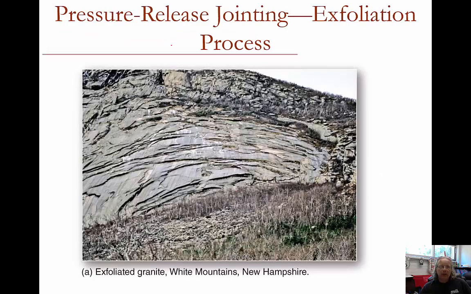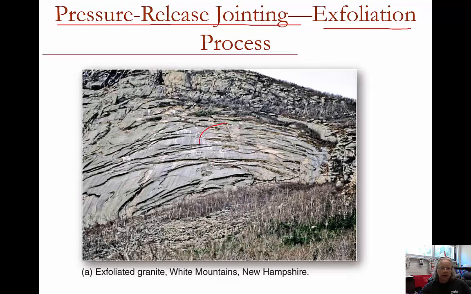The last type of mechanical weathering we're going to see is called pressure release jointing. Basically, as layers of rock peel off, they release pressure on the inner parts of the rock, and what you get is something called exfoliation, which is just like your skin peeling off.